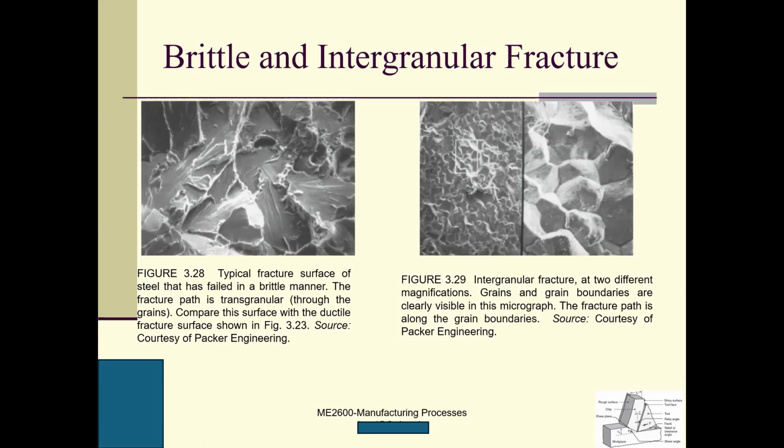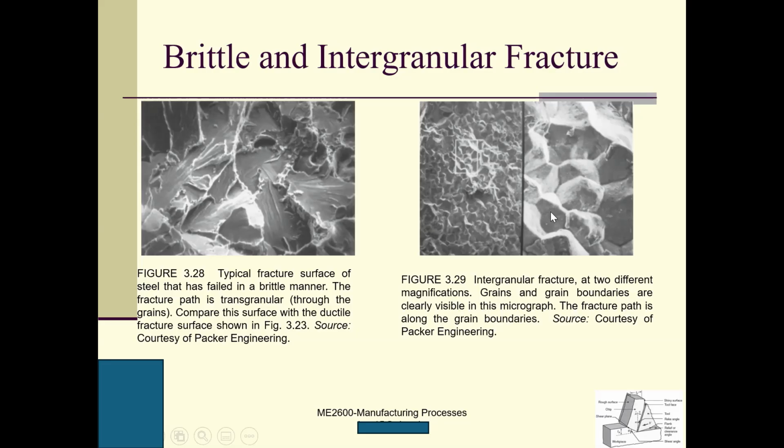So this is related to multiple grains. You can see the fracture is granular, almost the whole grain is off. That means the rupture of the material happens at the grain boundary. It's called intergranular.